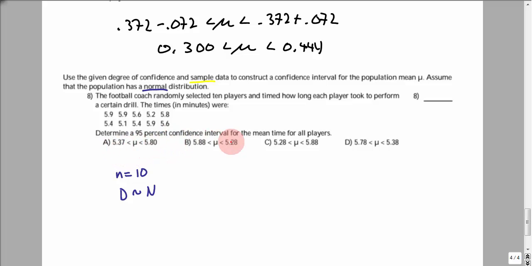Okay, and because we assume the underlying distribution is normal, and the sample size is 10, what that means is that D bar is distributed with a T distribution with 10 minus 1 degrees of freedom. But before we can do any of these things, we need to find X bar and S based on our sample data. So X bar, and remember S is our sample standard deviation.